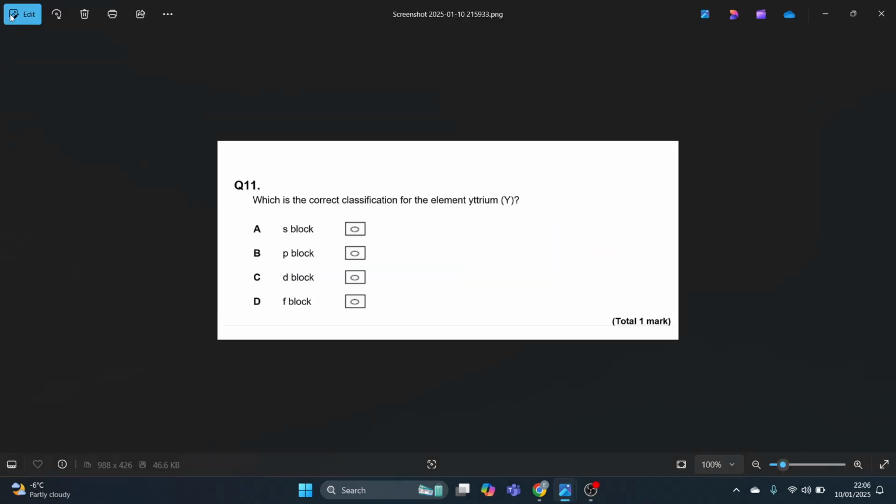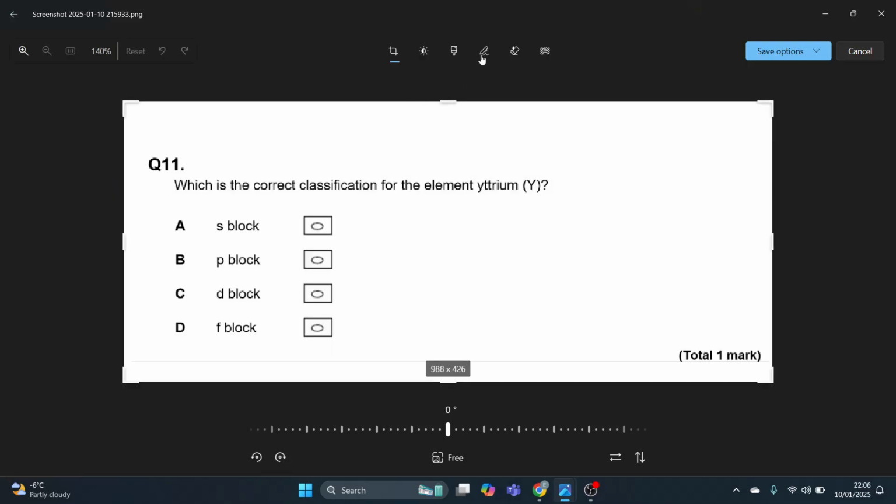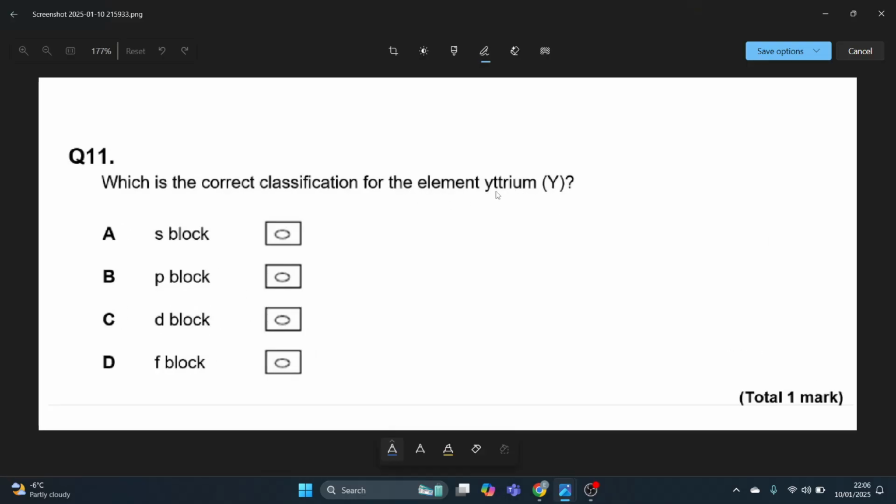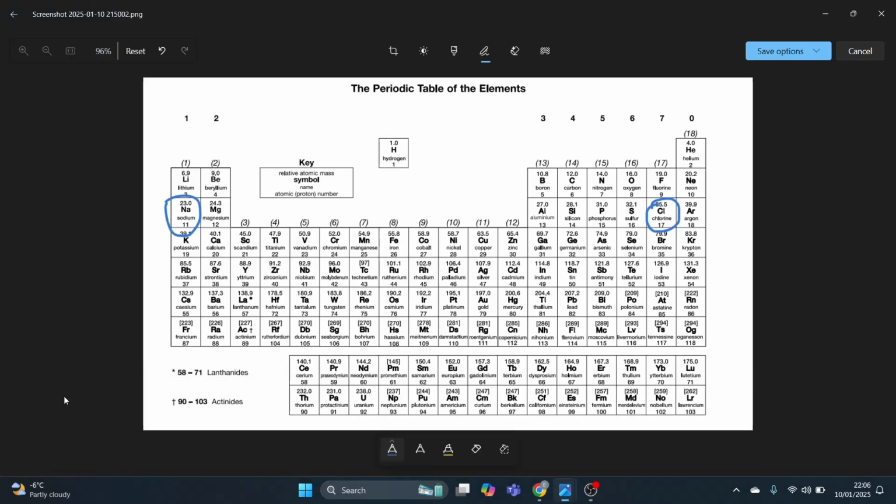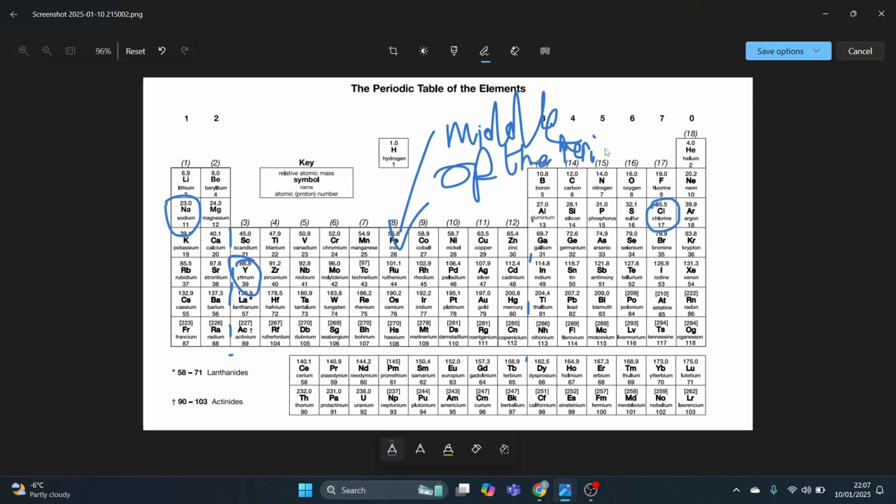Question 11. Which is the correct classification for the element yttrium? Go to the periodic table, and this part is just finding out where it is. Perfect, there we go. It's located in the middle of the periodic table.